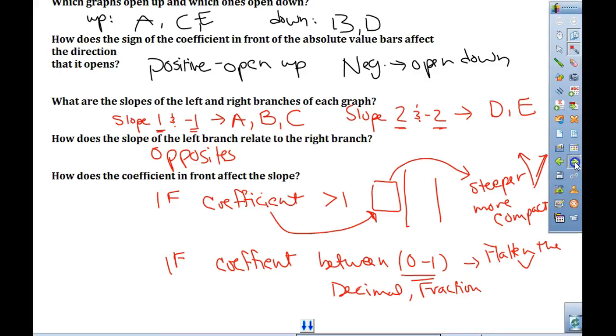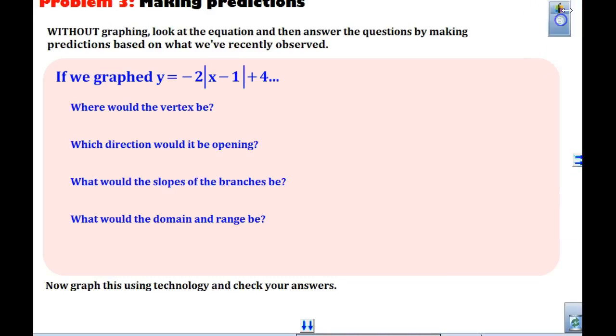What they are asking you to do in this next part of your notes, it says, without graphing, look at this equation and answer these questions. So go through and do those right now, just looking at that graph. I want you to answer those 4 questions. And if you get stuck on domain and range, just do the first 3 and then put the equation in the decimals. But first answer those.